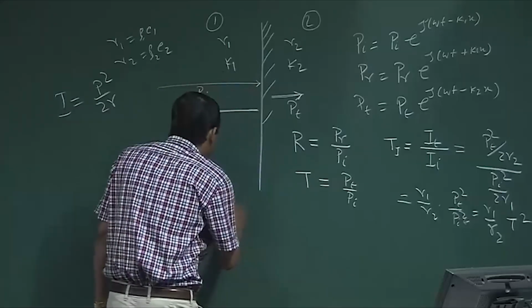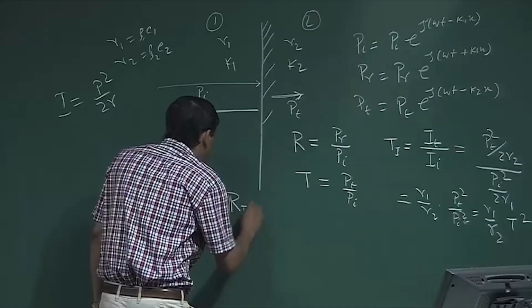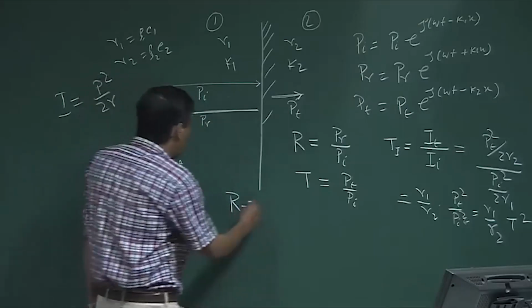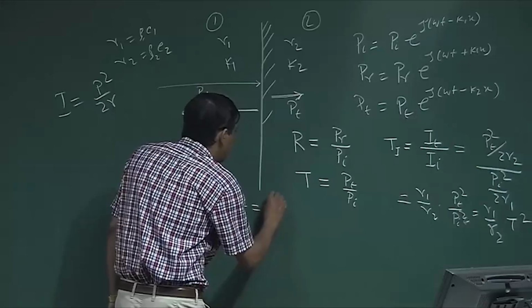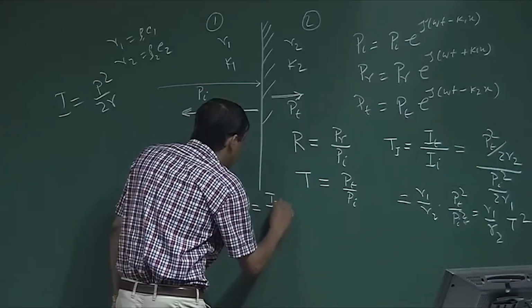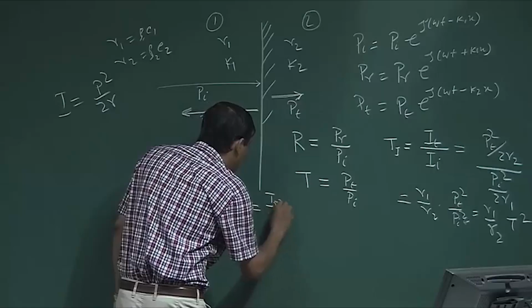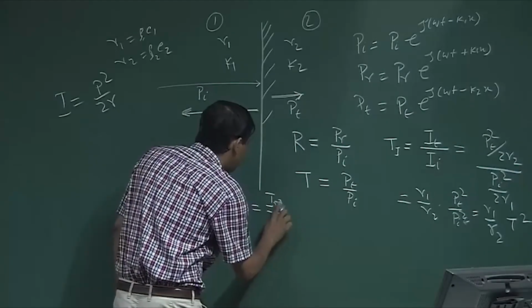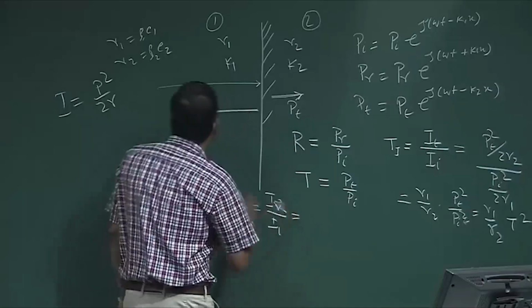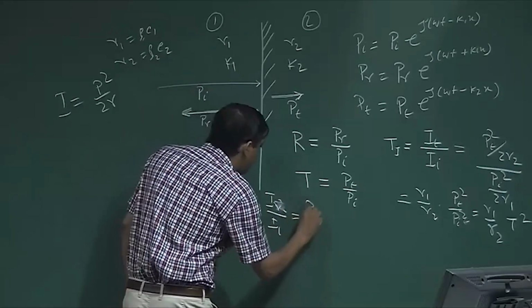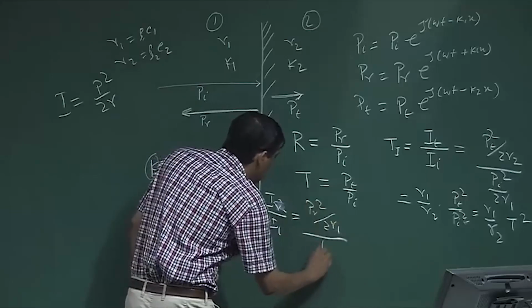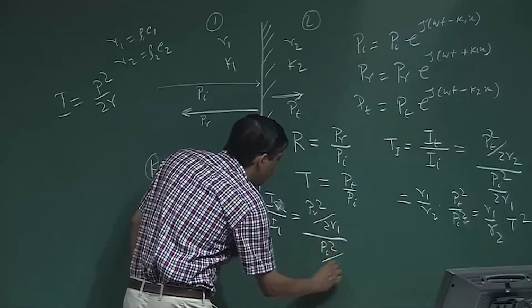Similarly, what is the reflected intensity coefficient? Ri is IR divided by II. IR is Pr square divided by 2r1, and II is Pi square divided by 2r1.